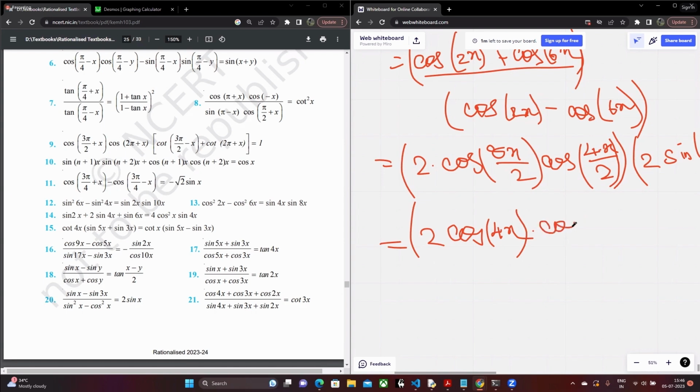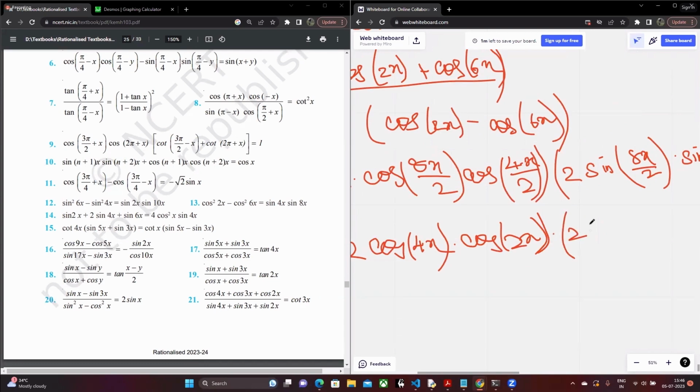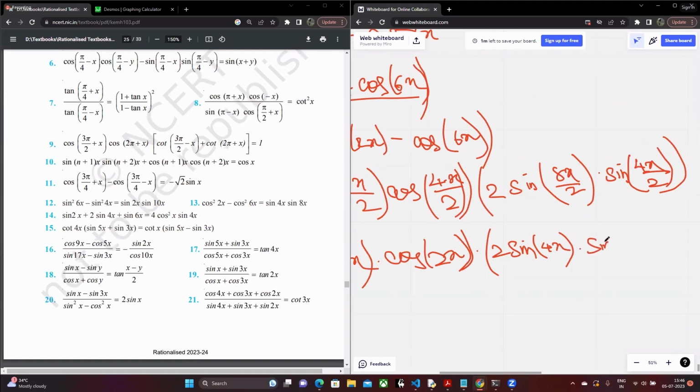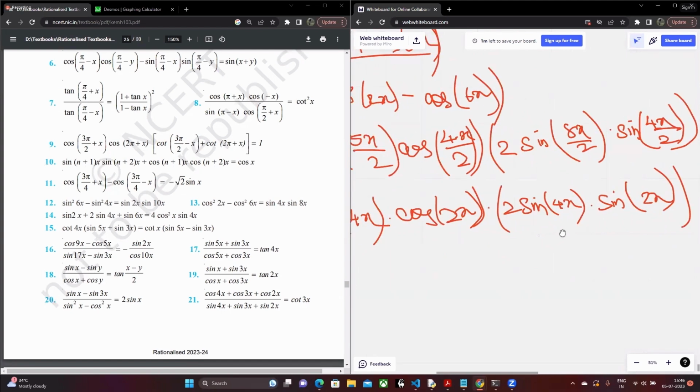So you are basically left with 2 cos 4x into cos 2x into 2 sine 4x into sine 2x. Now you are going to collect the like terms.